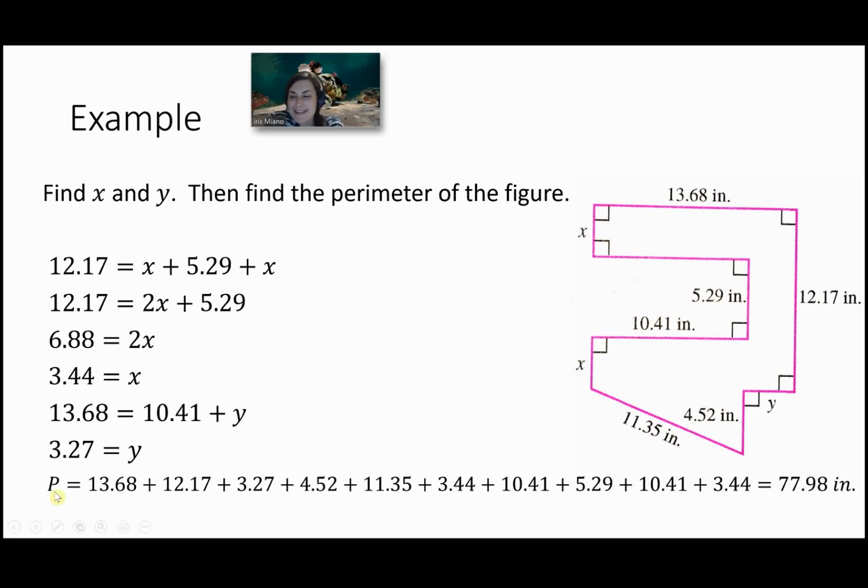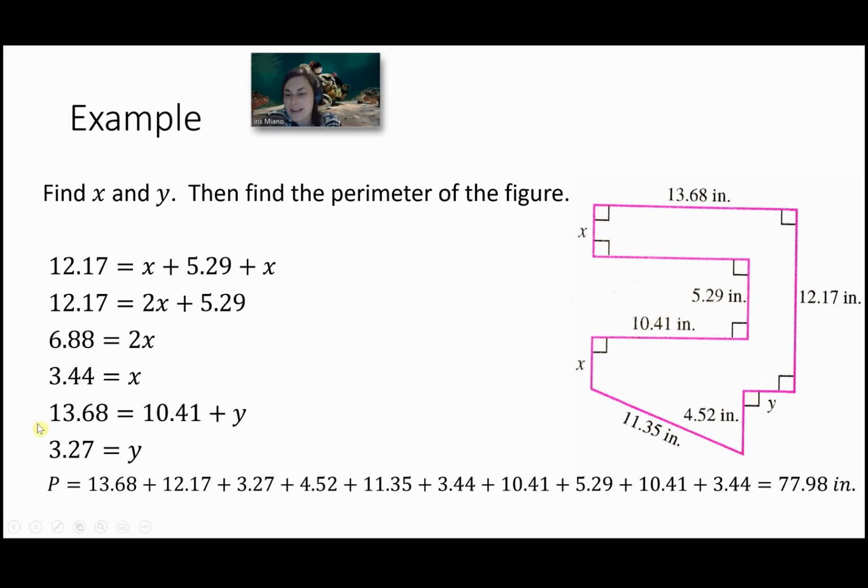So here is the entirety of the perimeter calculation for this particular composite figure. I started from this top edge right here of 13.68, and then I went around all of the edges clockwise. So notice that the next term is 12.17, that's this one here. Then the next term is 3.27. Where did I get that from?